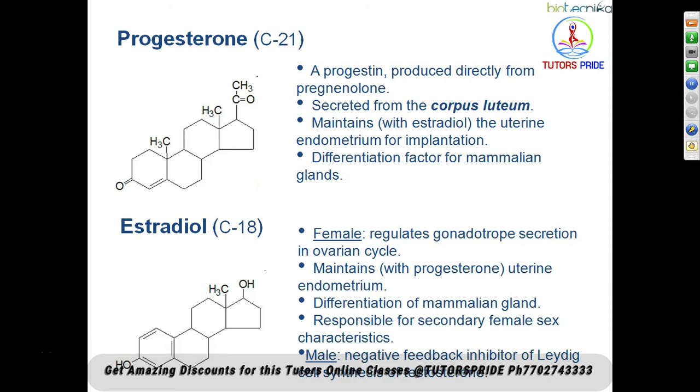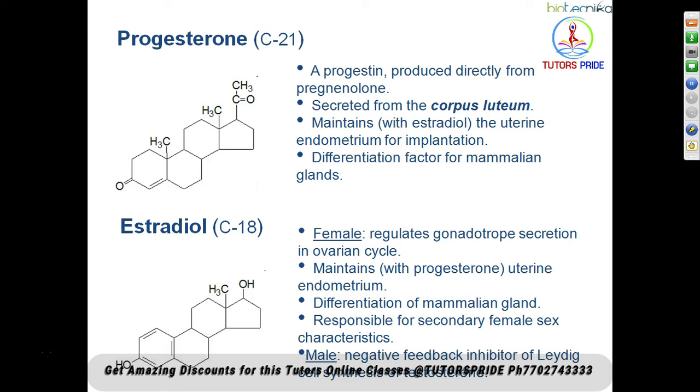If it won't be implanted, it will be miscarried. So to have proper implantation, the endometrium wall should have proper thickness. And how is the endometrium wall maintained? By one hormone, that is estradiol, which will be secreted by the corpus luteum. That is what I am telling you.